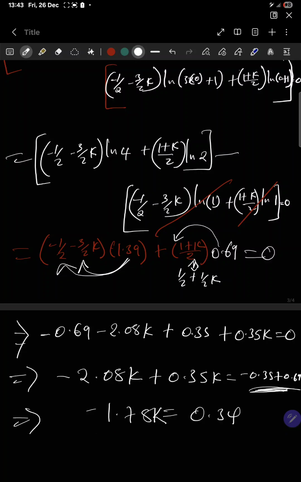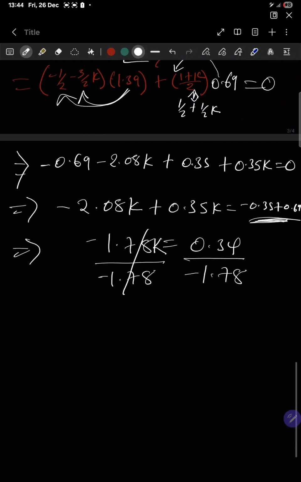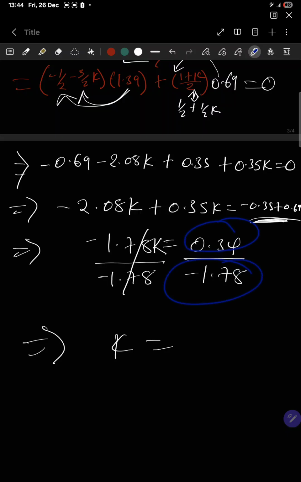So you divide this by negative 1.78, you also divide by negative 1.78, meaning that these two go, and then the value of k will be equal to this number on top divided by the one down.